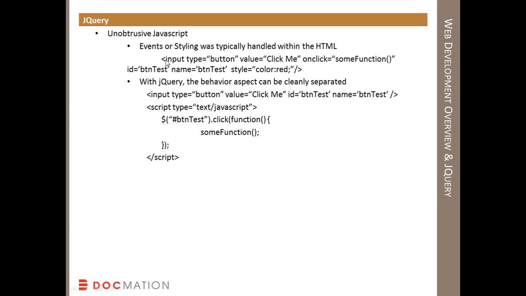What I have defined here is perfectly legitimate. In the first line here, I said input type equal to button. The label on the button is click me, and when you click on this button, I have identified the JavaScript function that needs to be invoked, and I defined the other properties of the button like ID and name, and then I also have defined my style information.